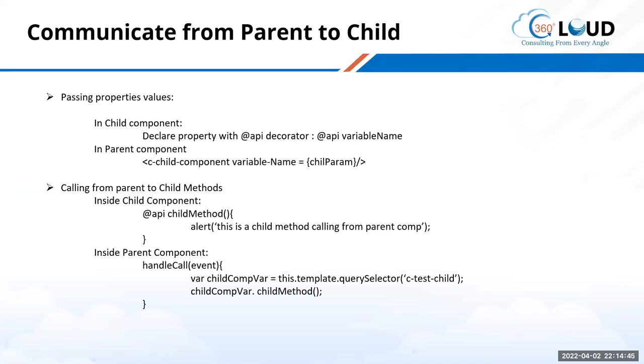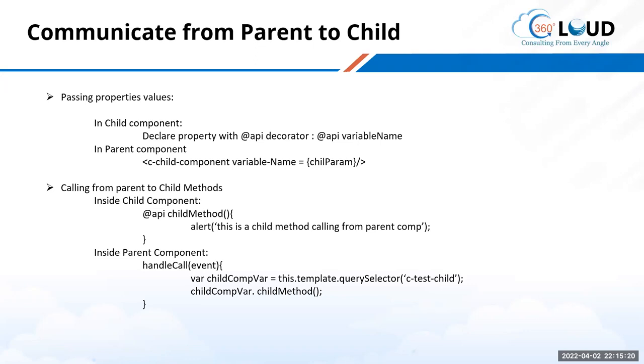Another question: how deep is parent-child communication valid? If a parent and child has another child, a hierarchy of parent-child, is there a restriction on the level? I think there is some restriction.